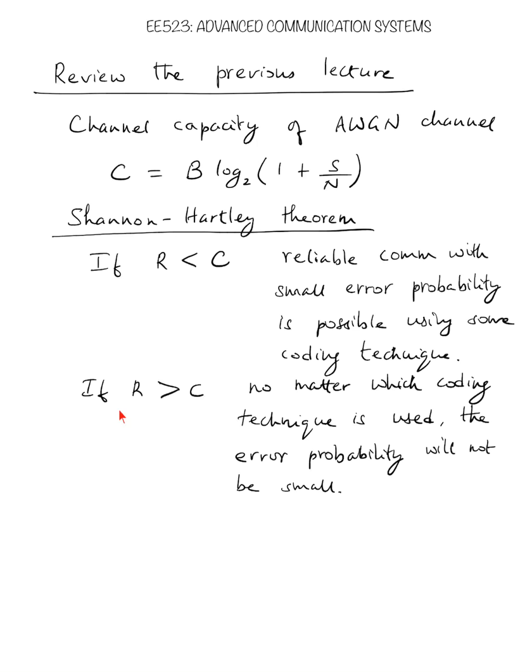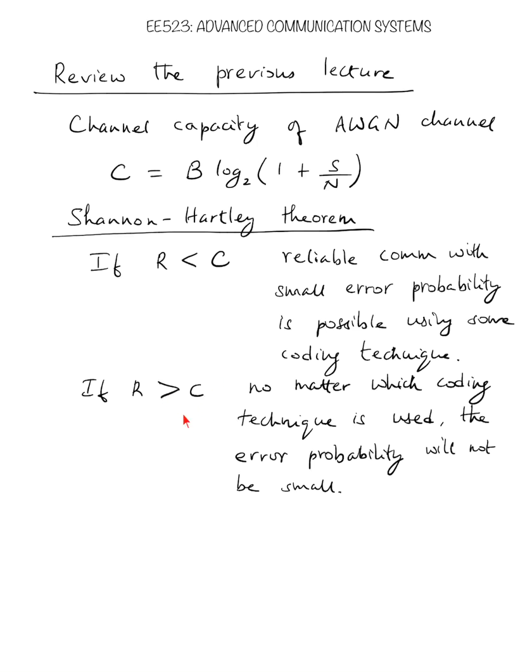Similarly, on a communication channel, there is something called the capacity of the channel. As long as we transfer data at a rate below the capacity, we can have a small error probability by using some coding technique. If we exceed the capacity, then no matter what coding technique we use, the error probability will not be small. The errors will be too much.